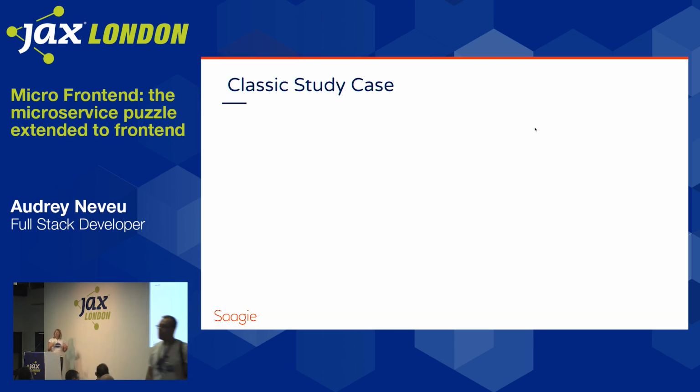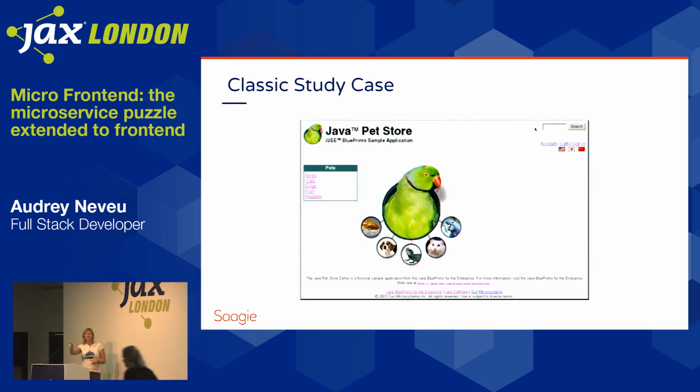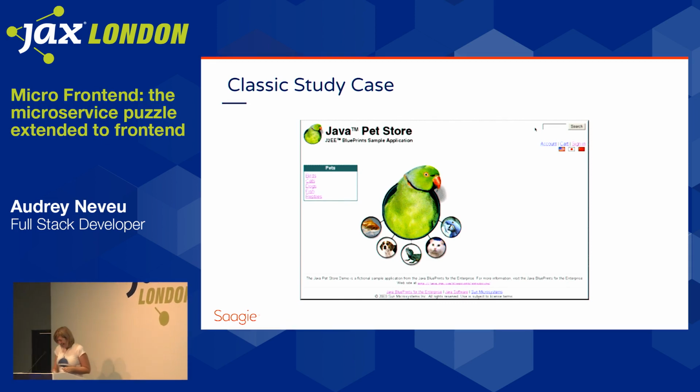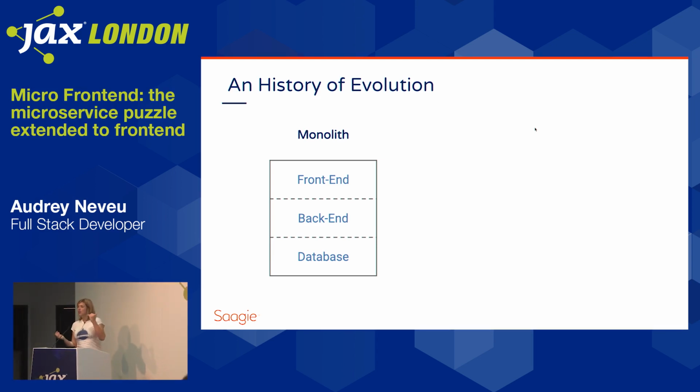So to start, we're going to look through the evolution of our applications architecture. And to do so, I thought it might be easier to take an example that we all know about, the Java Petstore. I bet you missed this one, right? So when it was launched by Sun, something around 2005, any languages it would have been written at this time, the Petstore would have been a classic end-to-end monolith.